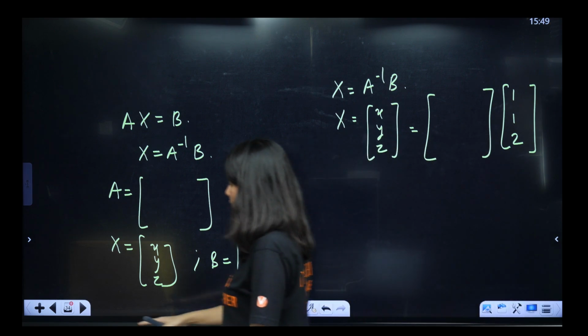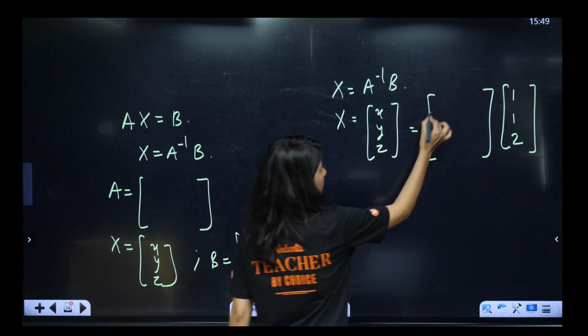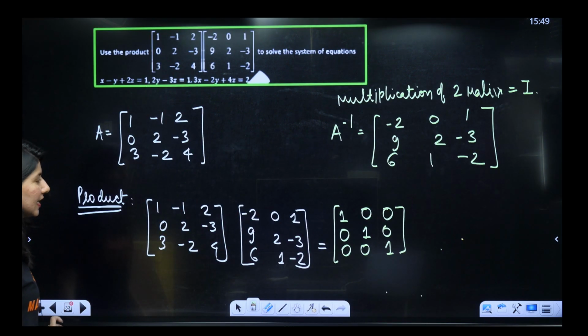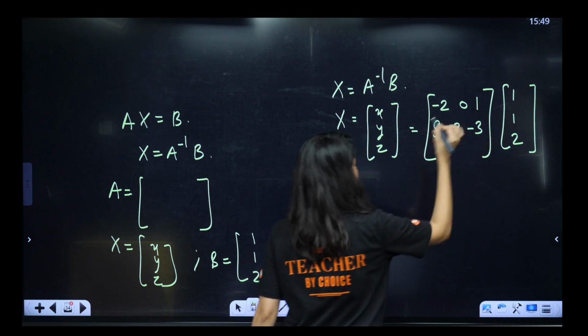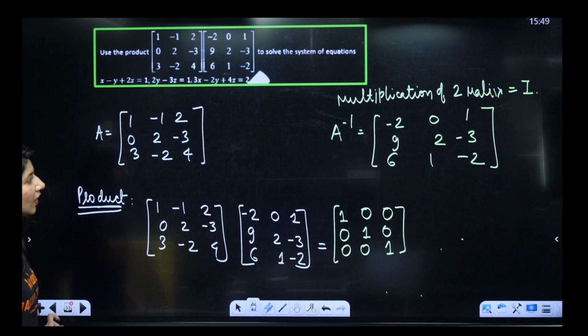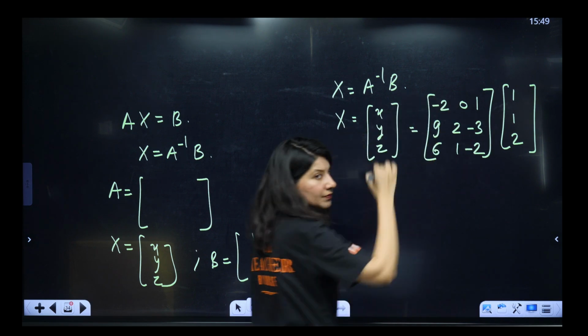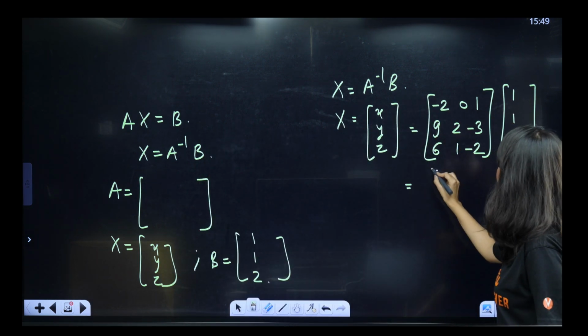A inverse is minus 2, 0, 1, 9, 2, minus 3, 6, 1 and minus 2. This is A inverse. This is B. Now you just have to multiply.